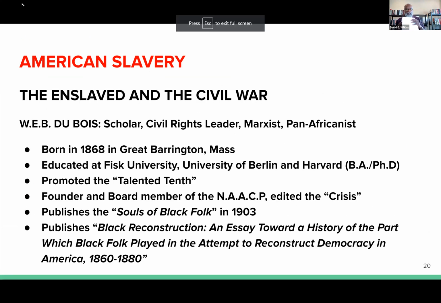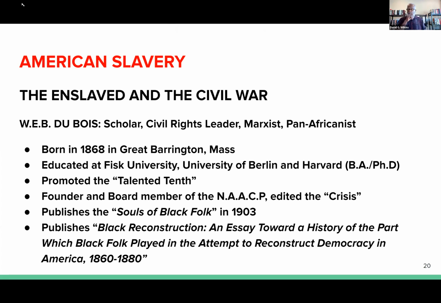So as we conclude, I thought I'd share some insight from W.E.B. Du Bois, a brilliant Black scholar of the 19th and 20th century, whose Black Reconstruction, published in 1938, I believe, is the seminal work on Reconstruction.